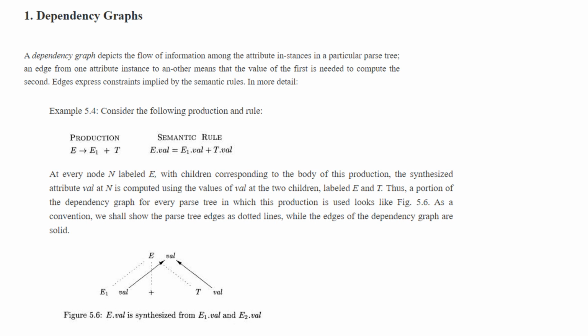For example, take the production E tends to E1 plus T and its semantic rules with attributes. Here the dotted line represents the parse tree, and the solid line represents the dependency graph, the flow of information. E depends on the value of E1 as well as T, which gives the resultant value. This is called a dependency graph.